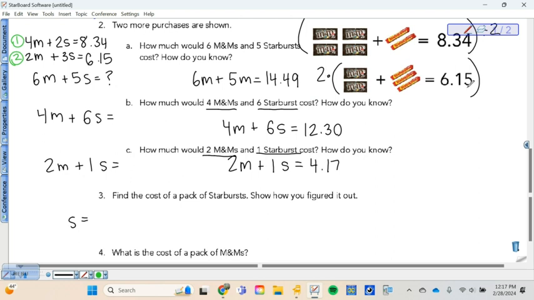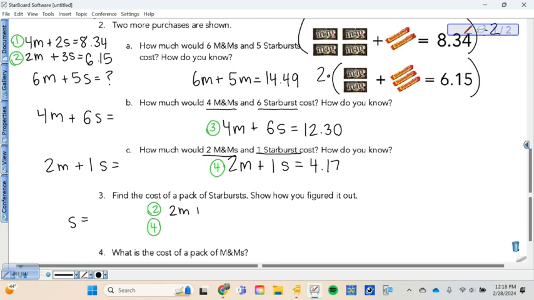I multiplied this second one by 2, and I got a third equation here. And then I divided the top one by 2, and I got a fourth equation there. So I want to look at those 4 different equations and think about how I am going to be able to eliminate a variable. I'm looking for matching variables, right? So that second equation and this fourth equation are going to let me cancel out the M&Ms.